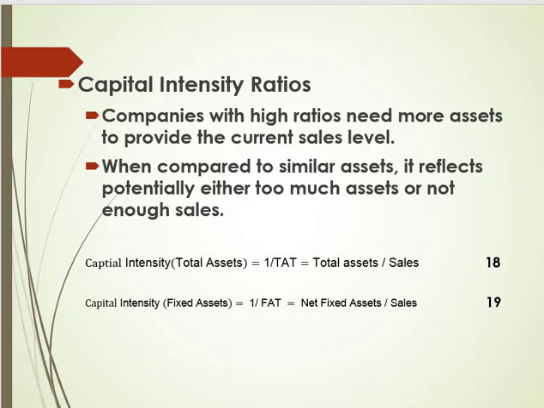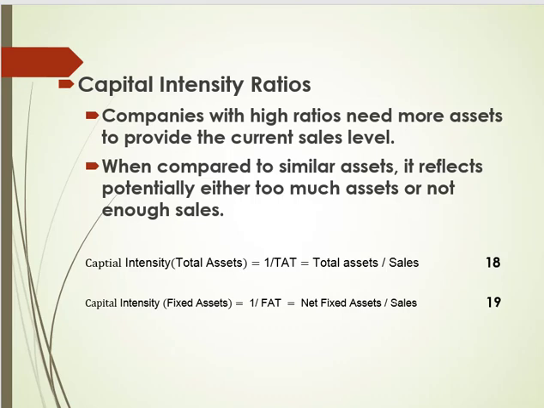So the first question we have is something about capacity. Do we have capital intensity with respect to sales or assets, total assets, or also with respect to fixed assets? So we're looking at the company's capital intensity.